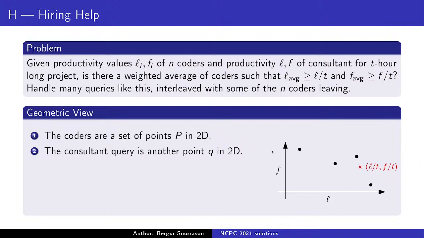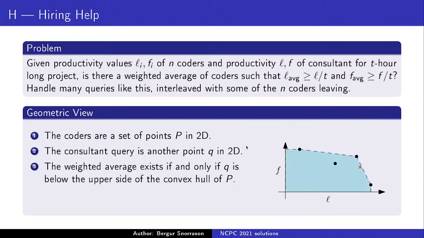The observation you have to make is that this weighted average exists if and only if this query point is below the upper side of the convex hull of these points. So we look at the upper envelope of the hull of these points, and if the query point is inside, then there is such a weighted average.